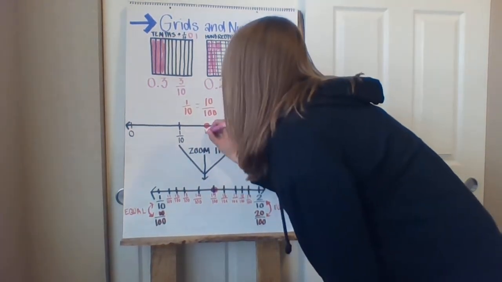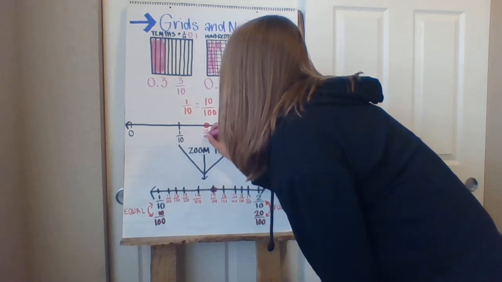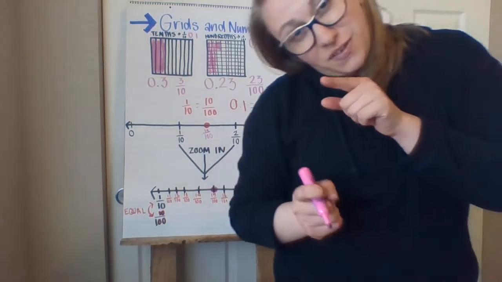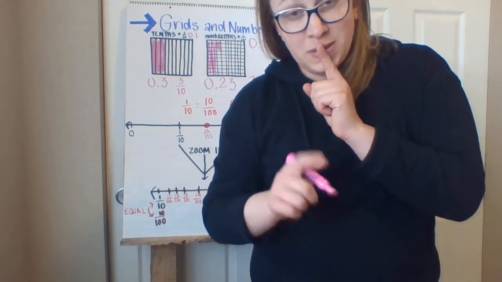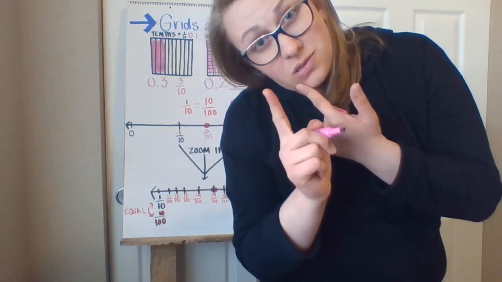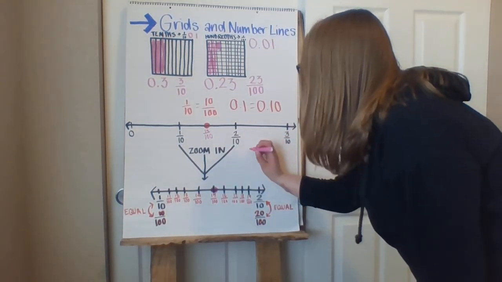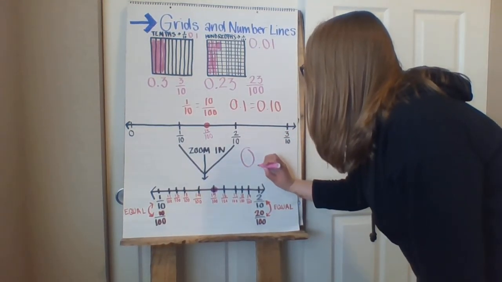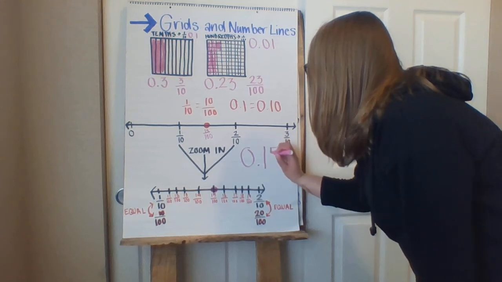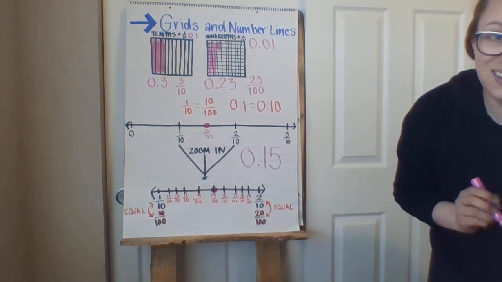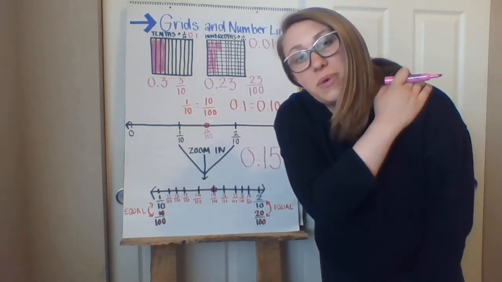I can call it 15 100ths. How would you write 15 100ths as a decimal? Pause for a second, write it down. Okay, you're back. Writing 15 hundredths as a decimal, 0.15. Okay, you got that right? Give yourself a pat on the back.